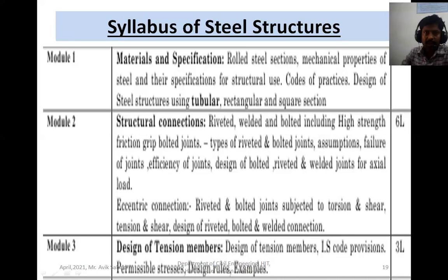Let us discuss the syllabus of steel structures, which we are going to cover. In module 1 you have to learn the materials, the scale and the specification, and the different types of sections used in steel structures, what codes are required, and the different shapes of the steel sections.